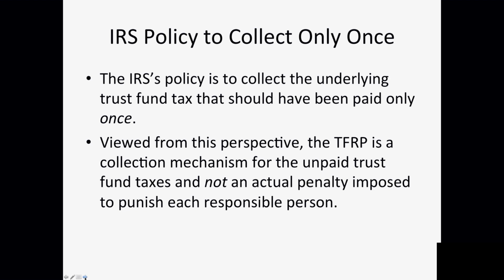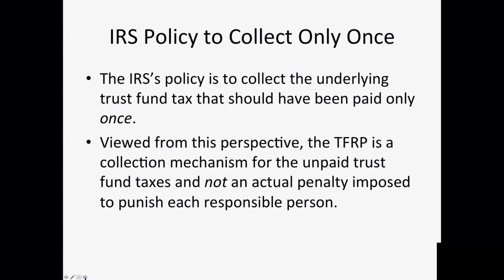And the idea here is, even if a number of individuals are named as responsible persons, at the end of the day, if one person out of that number steps up and pays it, they're not going to go after the other two individuals because the amount has been collected. So they're not trying to make this punitive.